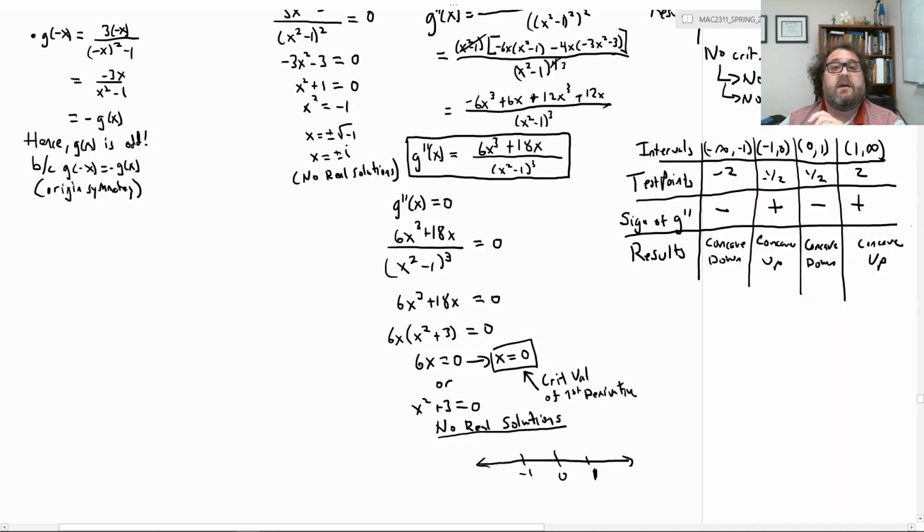Likewise for the change from concave down to concave up at x = 1. Because remember, 1 is a vertical asymptote, so it cannot be an inflection point. There's only one change, and that's a change from concave up to concave down at 0, and 0 is in the domain of the function. So we have one inflection point.